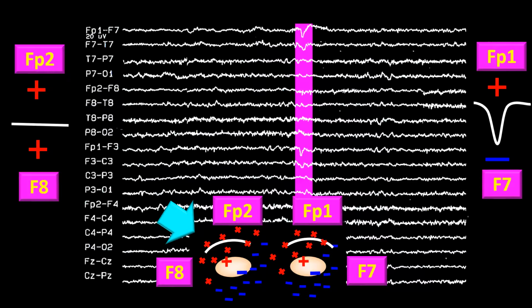The arrow points to the equal polarity on both FP2 and F8, and at the FP1 F7 derivation, you can see that FP1 is positive, whereas F7 is negative.